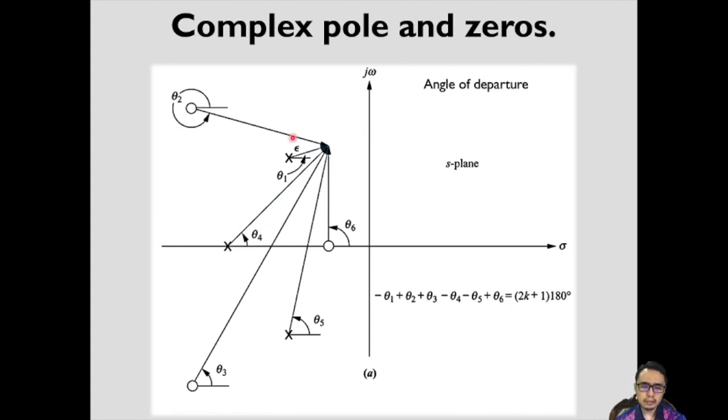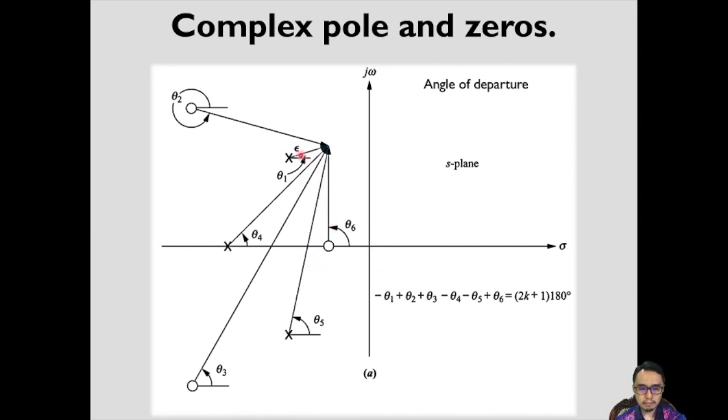So we need to know how the locus leaves this particular pole. Is it like 45 degrees or is it 270 degrees? So how do we calculate this situation?